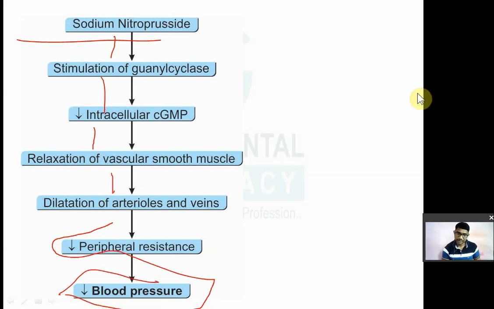Also due to release of nitric oxide. It releases nitric oxide, which stimulates guanyl cyclase, increases cyclic GMP level in the cell, causing relaxation of vascular smooth muscle, dilation of blood vessels, and decrease in peripheral resistance and blood pressure.